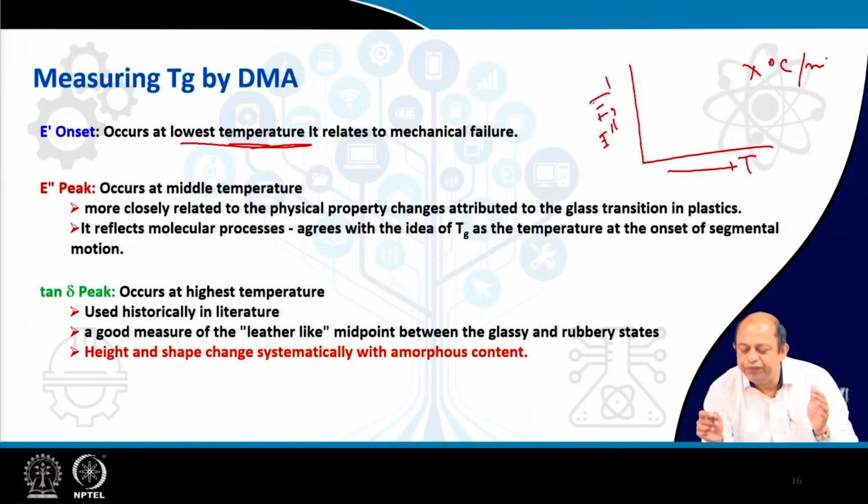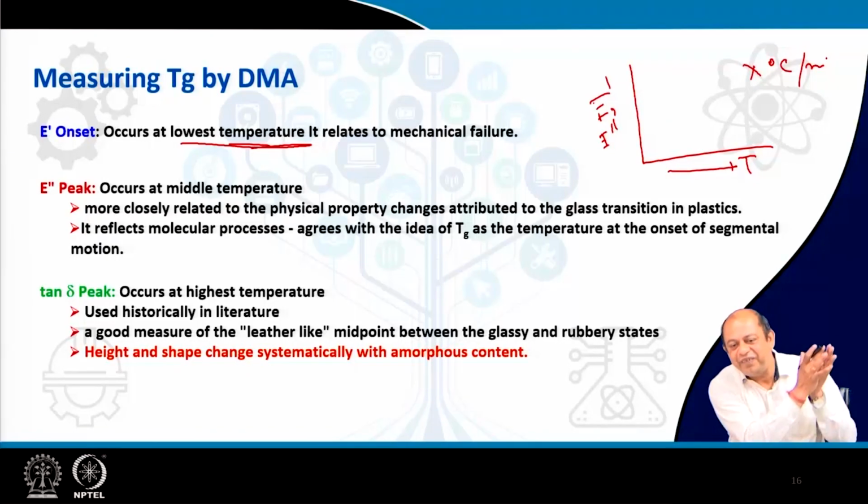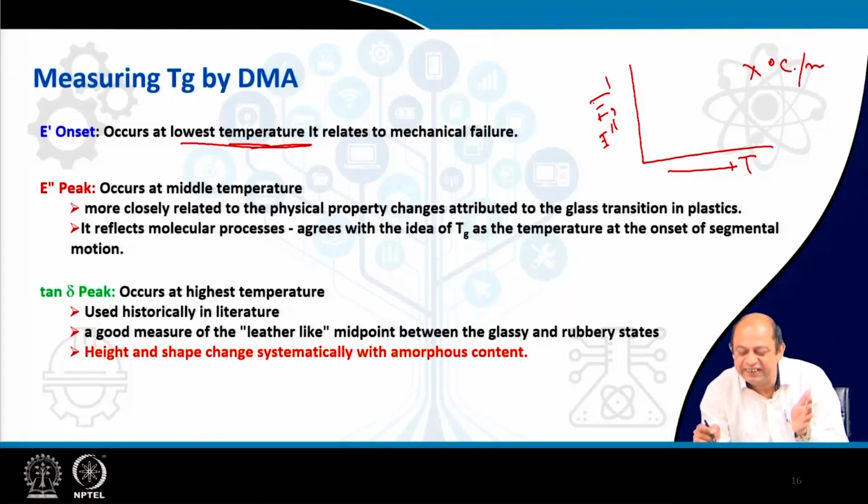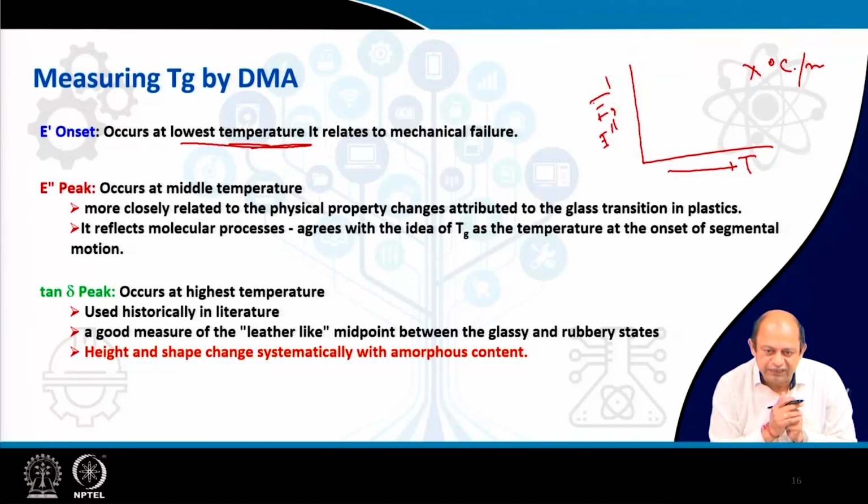So, if you make it very small and interpolate this rate, degree centigrade per minute, to 0, then you get the glass transition from there. Of course, from DMA analysis in many cases at a specific heating rate, compared to DSC, in DMA you may get a higher glass transition temperature. But it is again not absolute.